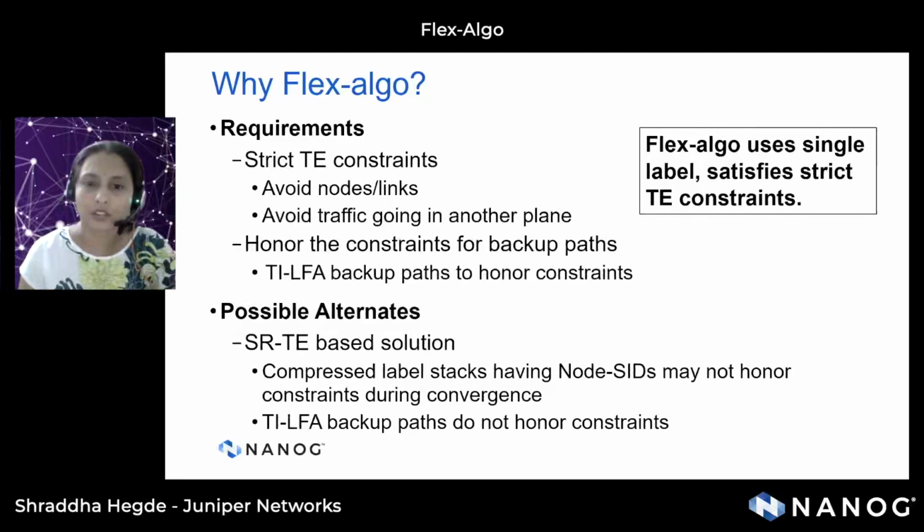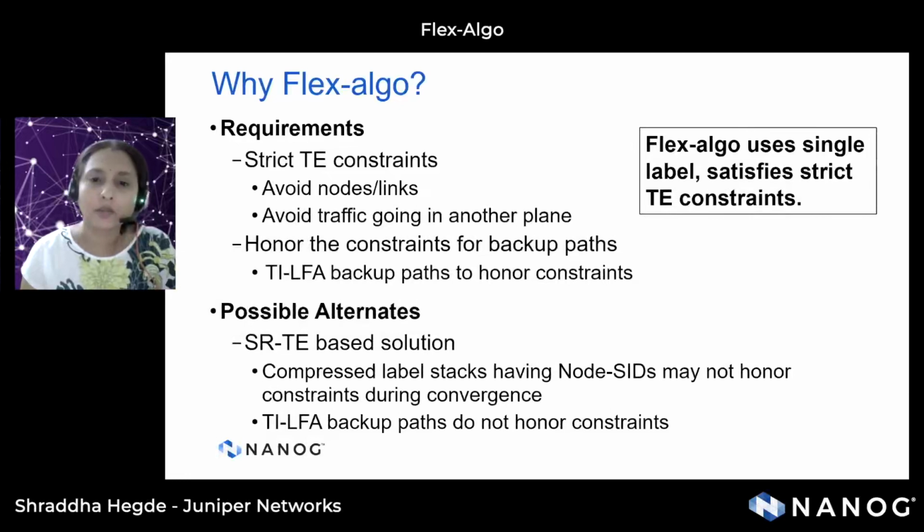These compressed label stacks use node SIDs, and these node SIDs generally use the SPF paths. So when you compress the label stack, you can make sure that these node SIDs also satisfy the constraints. But when there is an event in the network, it may go through some convergence. During this convergence, these node SIDs may not satisfy the constraints for a short amount of time.